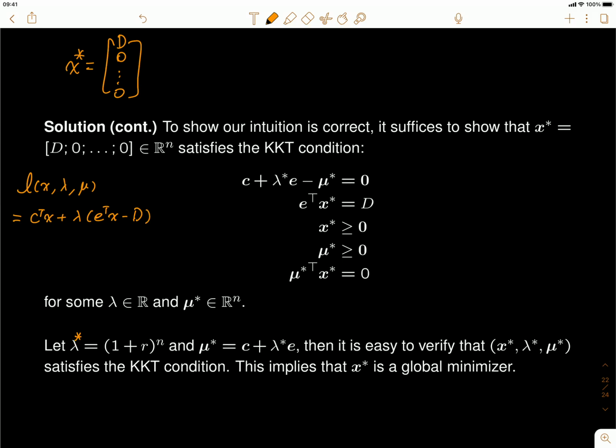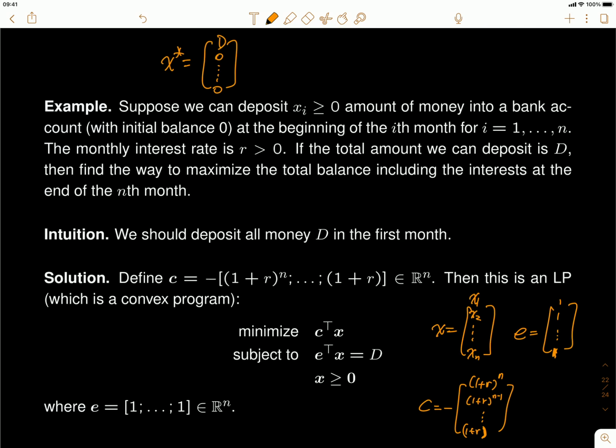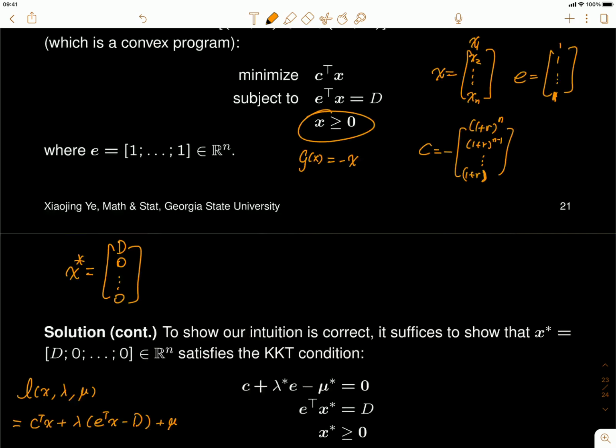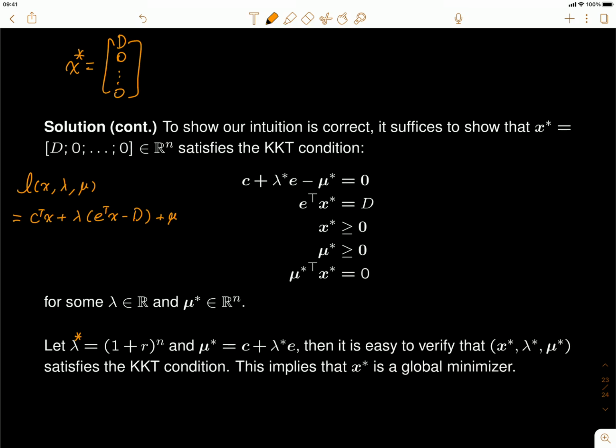Okay, e is a vector, d is a scalar, plus mu times g(x). According to this, my g(x) should be set to negative x, so that g(x) less than or equal to 0 is equivalent to x being greater than or equal to 0. So this is my g(x), which will be negative x. So I need to take an inner product of that.